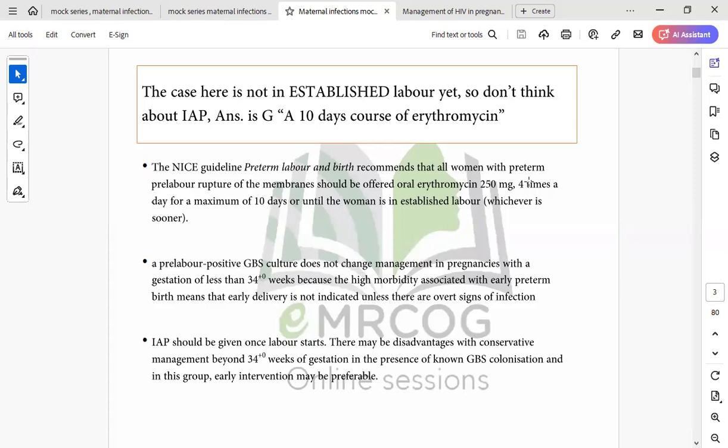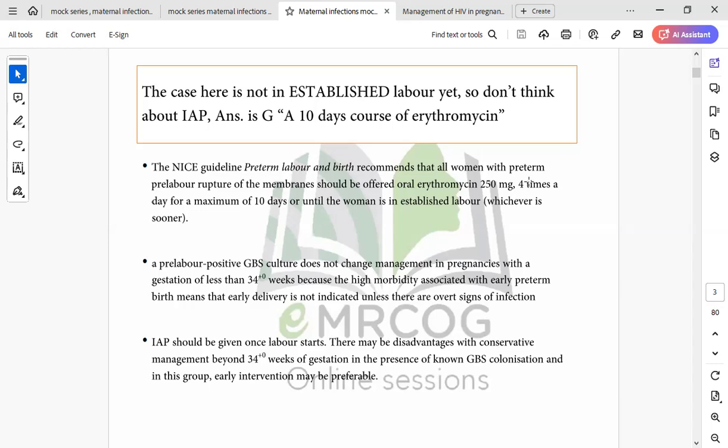It's better not to go beyond 34 weeks. It's better to induce the labor by 34 weeks, but this is not routine.